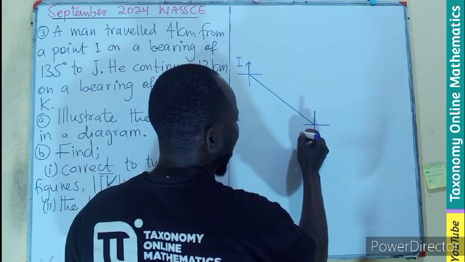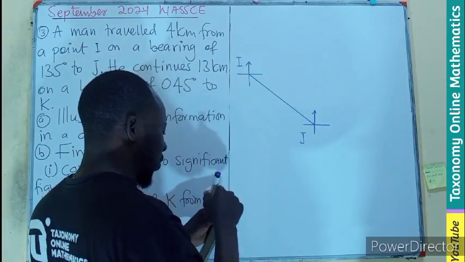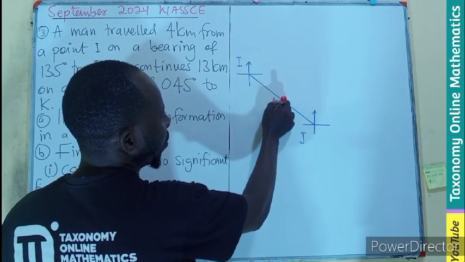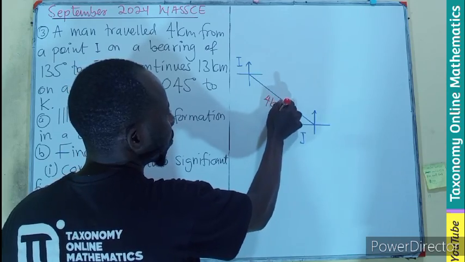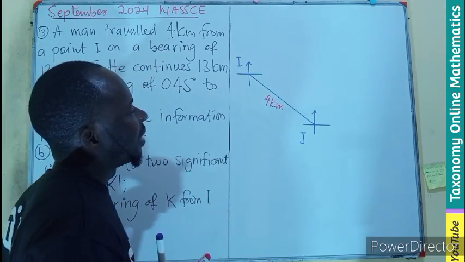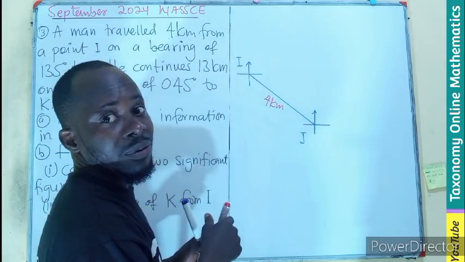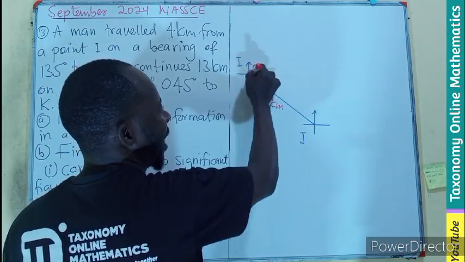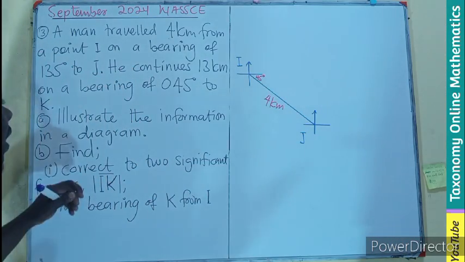So we can also put our J here and have it north. The distance we are dealing with is 4 kilometers, right? Then the bearing is 90 plus 45. So this is going to be 45 degrees, here will be 90, all combined together giving us 135.